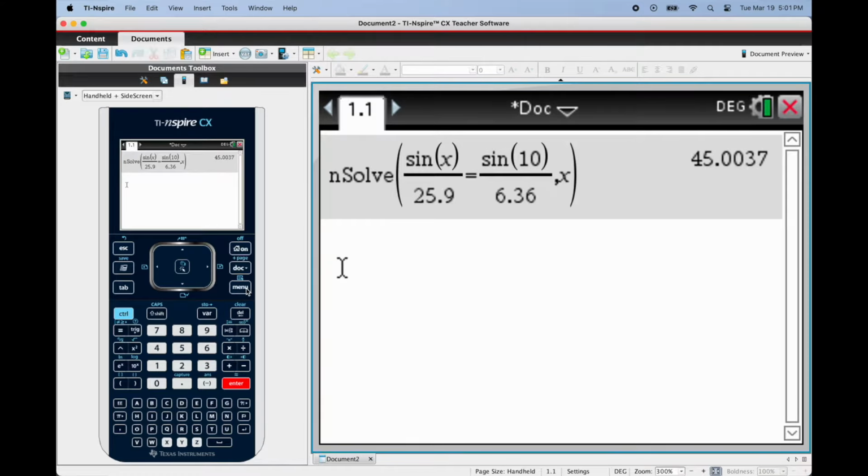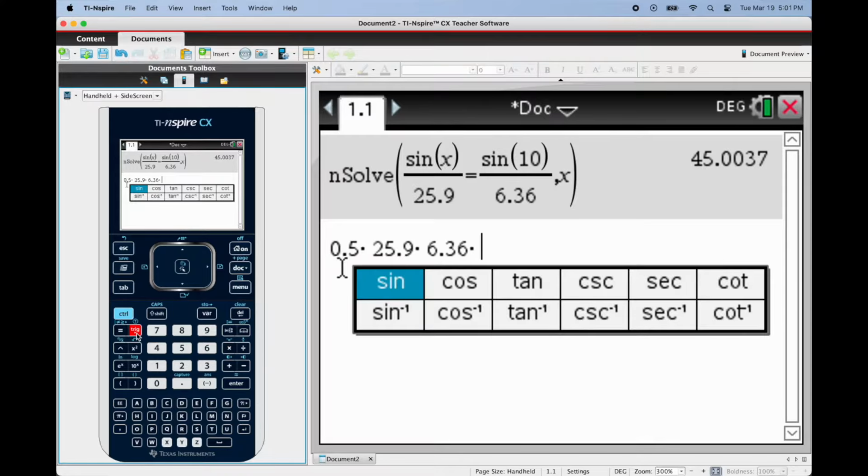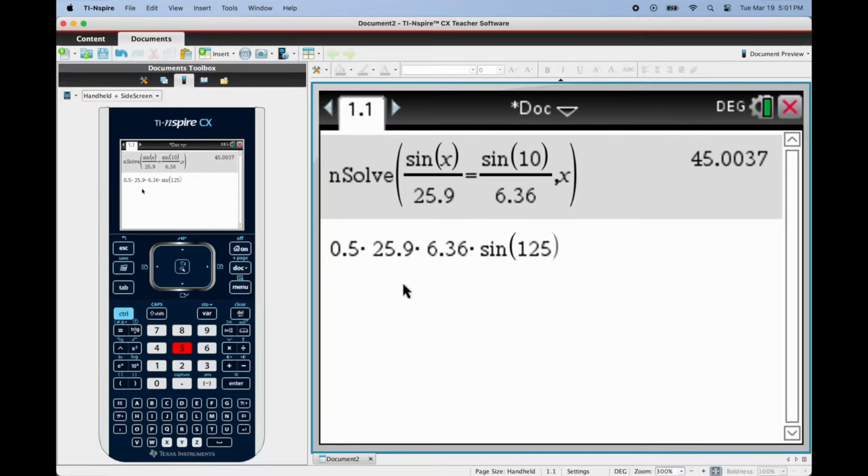All right, so let's write 0.5 times 25.9 times 6.36 times sine 125. Okay. So this is the area of our triangle. The area is equal to, reading here, 67.467.